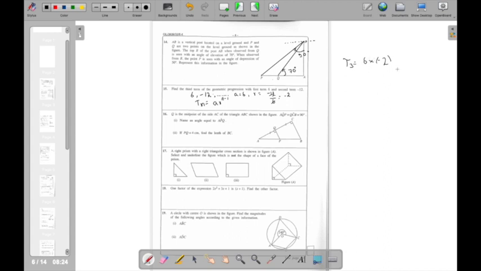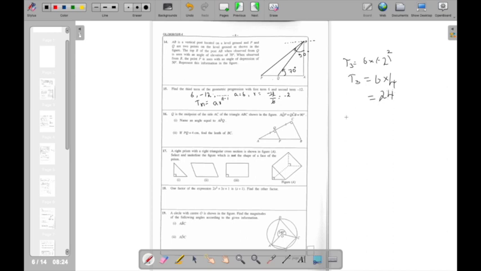So third term is 3. 3 minus 1 is 2. So therefore 3 minus 1 is 2. You know that a minus into the power of 2 will be positive always, because minus into minus is positive. So therefore this will be T3 equals 6 into 4. This will be finally equals to 24.